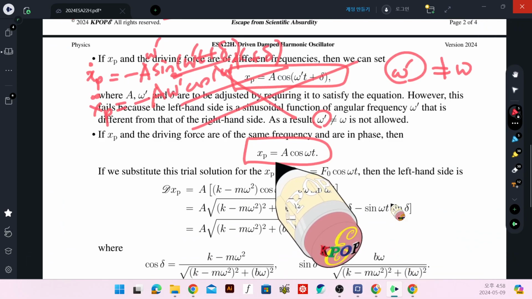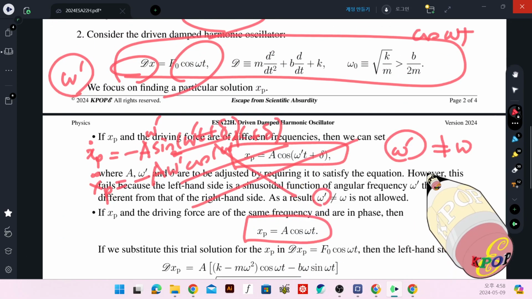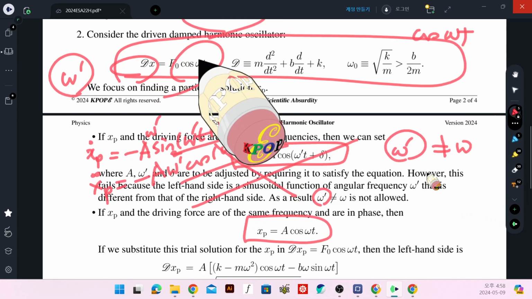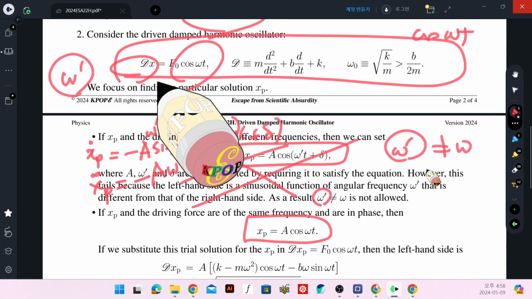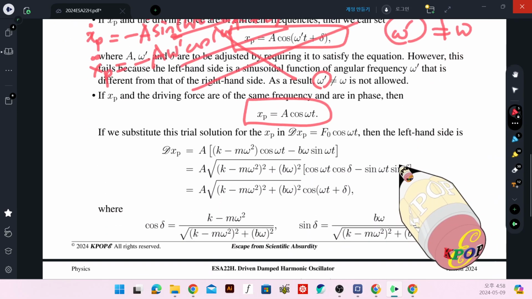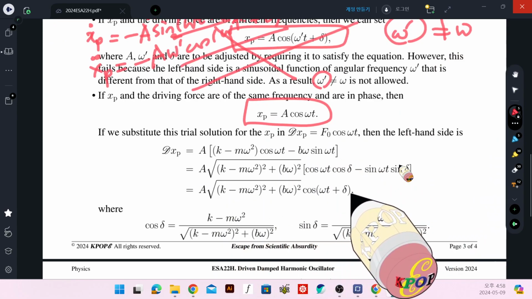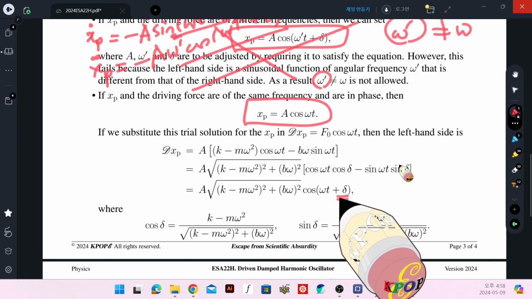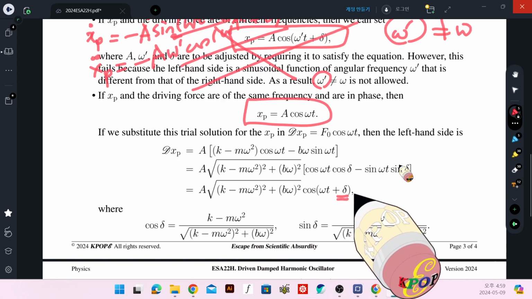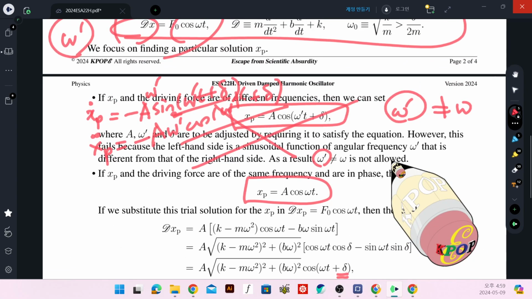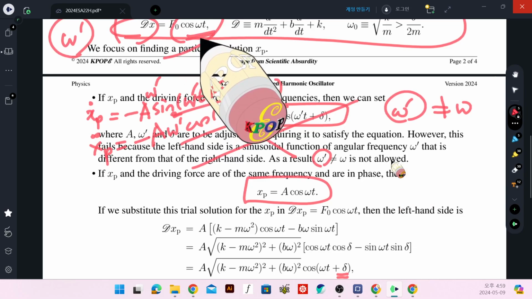Therefore, why don't we introduce cosine omega t with an arbitrary undetermined amplitude? If we substitute this for the x in the equation, the left-hand side becomes this. Finally, we find there is an additional phase that cannot be matched with the right-hand side.